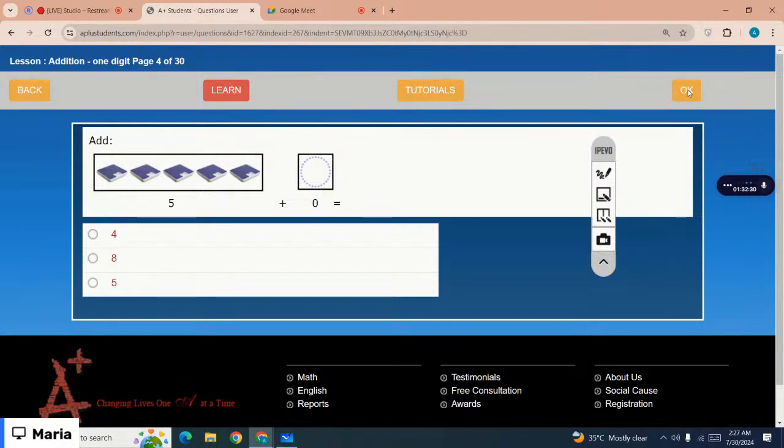Add 5 plus 0. So which is the correct option? Yes, 5 plus 0 is 5. The correct option is 5.